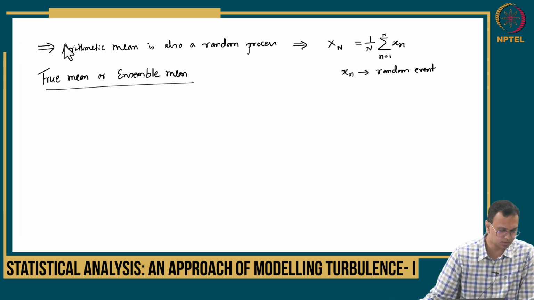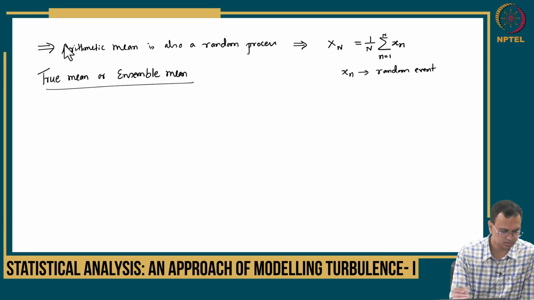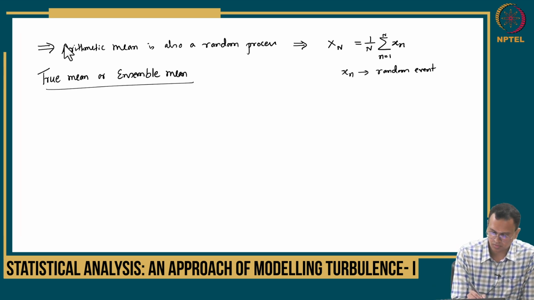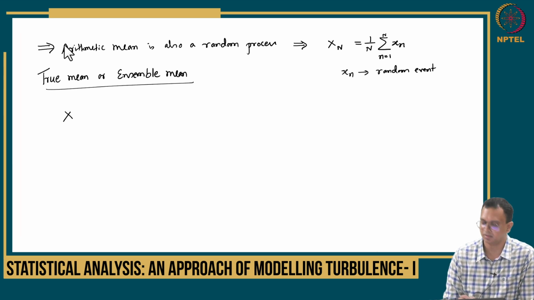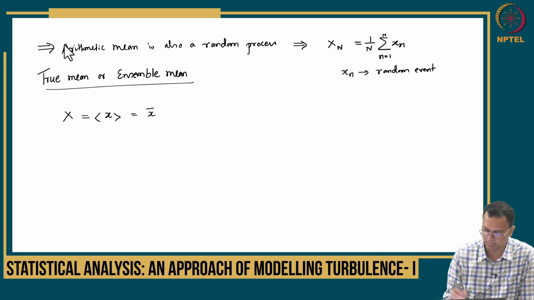So now what we define is called a true mean or an ensemble mean, okay. So this is defined as Xn, or I would call it X, because it's no longer a function of n, okay. X is equal to, in some places, if you have small x, we use angle brackets, this you see in literature, or sometimes an over bar is also used to denote an ensemble mean.